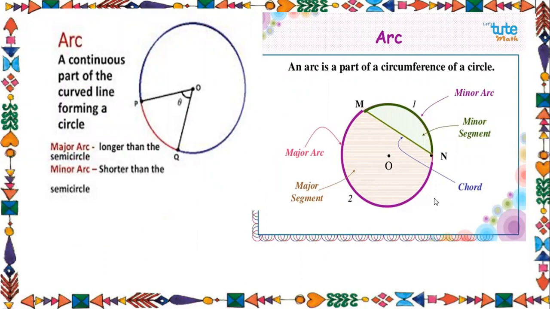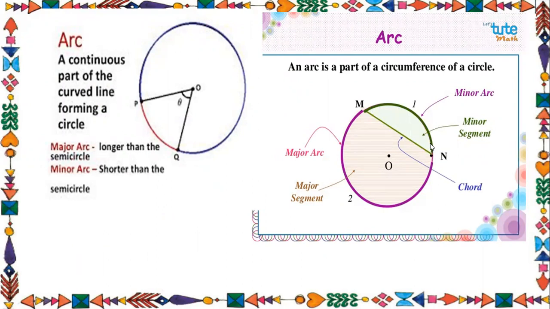Next comes arc. What is an arc? An arc is a part of the circumference of a circle. You can follow this mouse pointer to know about arc. This is an arc. It is a continuous part of the curved line forming from a circle.